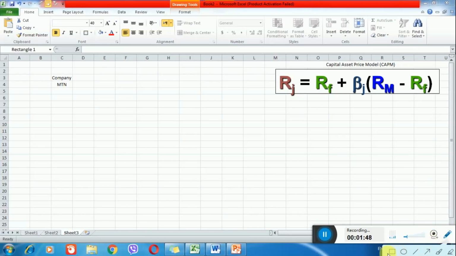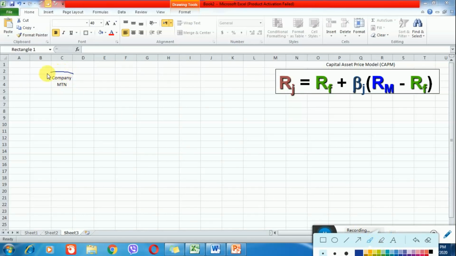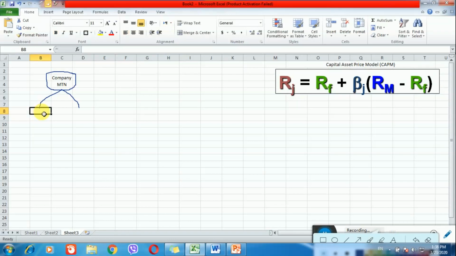Okay, if you want to make an investment in a company, and that is the MTN company, right here, automatically two things come to your mind, right? What are they? Risk and return. One is risk and another is return.